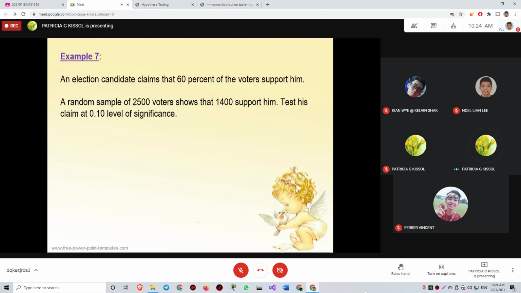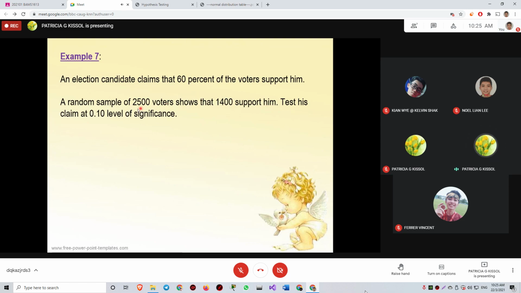So this is another example, and this is about an election, class. You can see an election candidate claims, based on belief, that 60% of the voters will support him. They took a sample of 2,500 voters, and 1,400 support him.